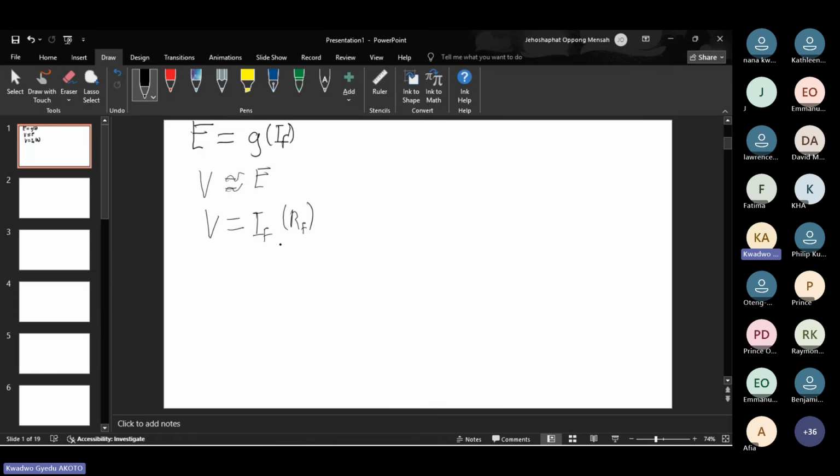So we know this to be true because on no load, this is what our shunt generator is going to look like.